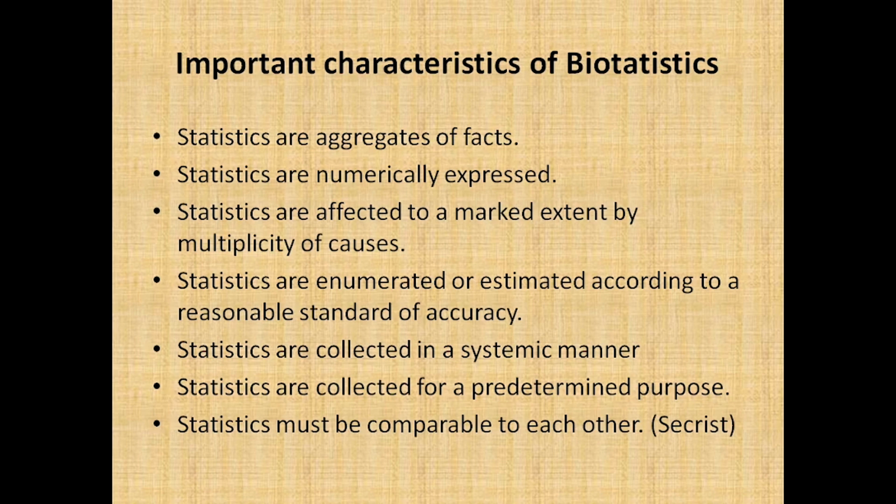Statistics are affected to a marked extent by a multiplicity of causes. They are enumerated or estimated according to a reasonable standard of accuracy. Statistics are collected in a systematic manner for a predetermined purpose, and statistics must be comparable to each other.